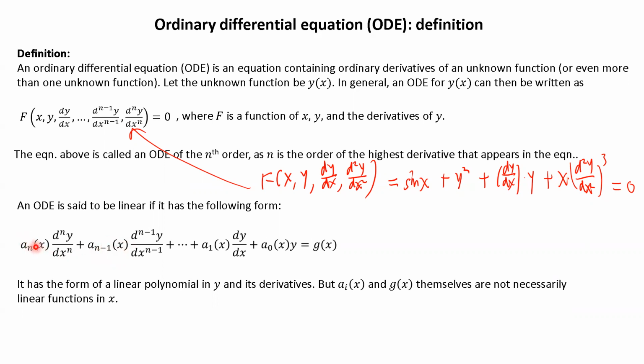This one can be, for example, x squared. This one can be sine x. This one can be log of x. This one can be cosine x. These coefficient functions themselves don't have to be linear functions, but still you call this ODE a linear ODE.